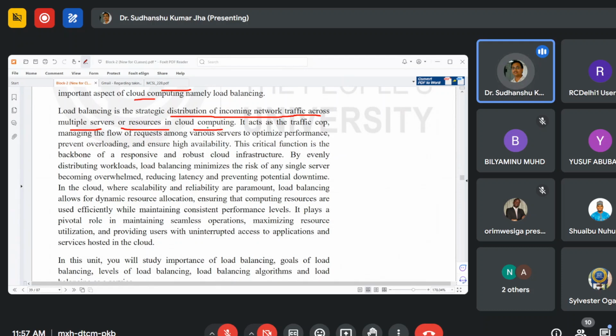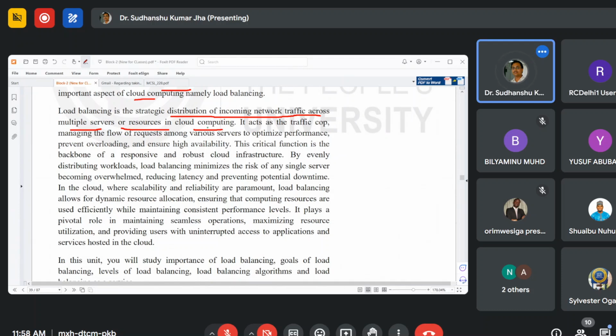Now, load balancing looks at whatever incoming traffic there is, and that traffic should be diverted to which particular VMs.